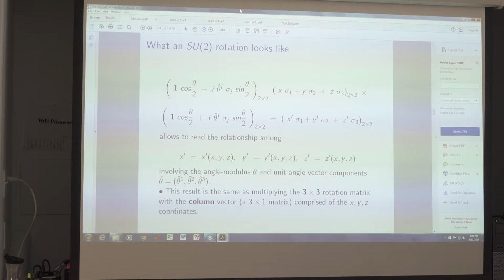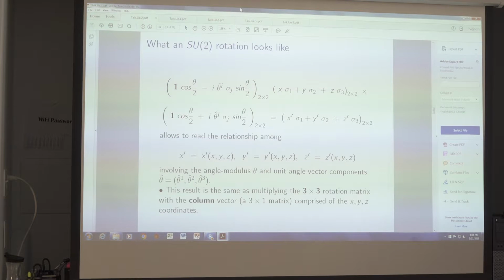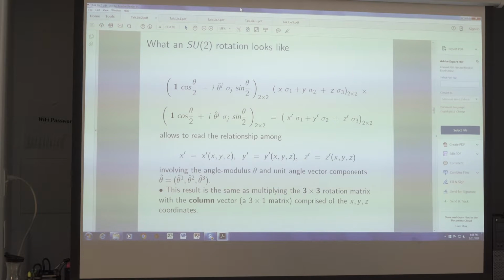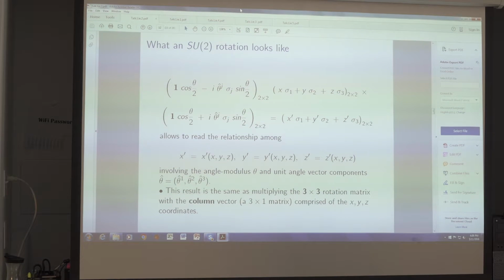Okay, now what an SU2 rotation looks like. I'm going to represent a rotation in 3 space in terms of 2 by 2 matrices. This is very subtle. Usually when you have a 3 space, you think of a vector with 3 components. But here, I'm not going to be playing with 3 by 3 matrices, but with 2 by 2 matrices.